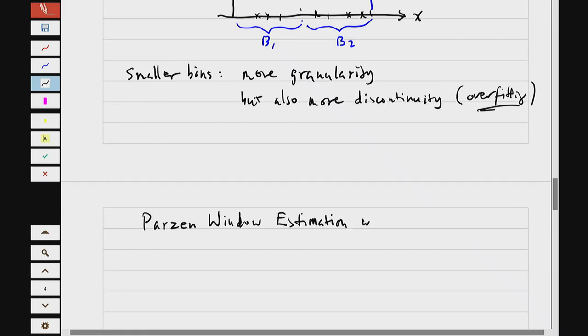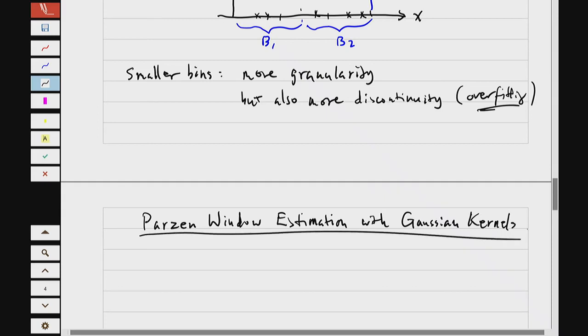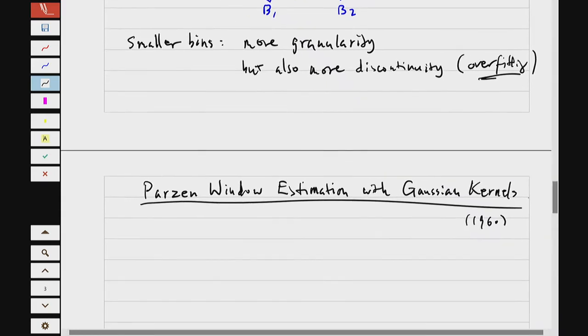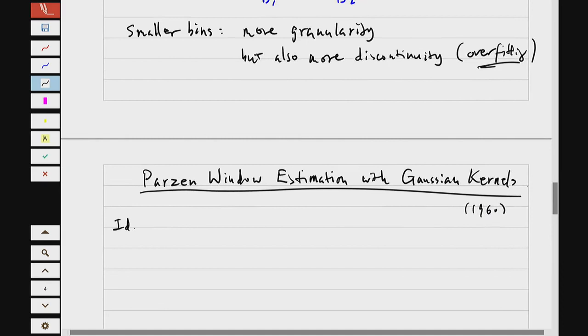And we're going to use what are called Gaussian kernels. The method has been known since a long time ago, the 1960s. The following is the idea.